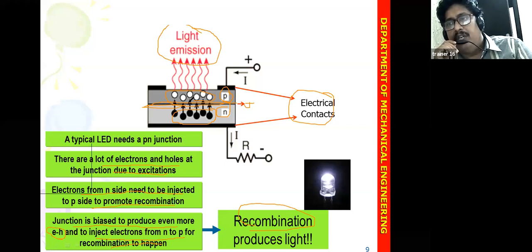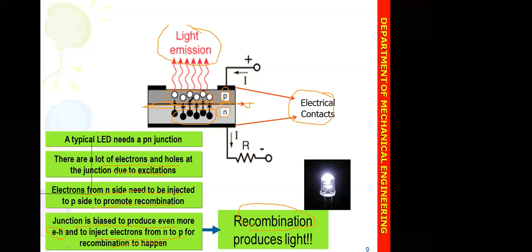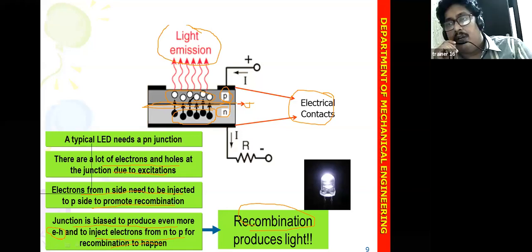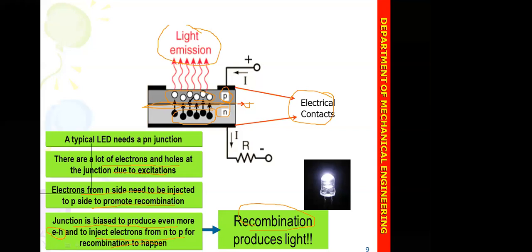It is a PN junction diode, right? Yes. And then it works on forward bias only, right? This is a semiconductor device, okay, right, correct.